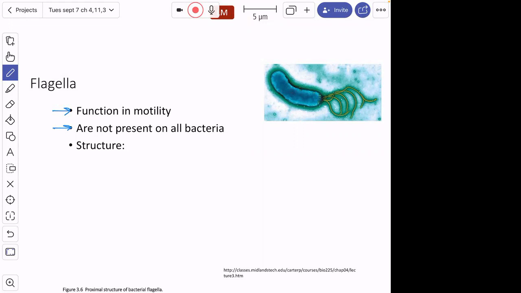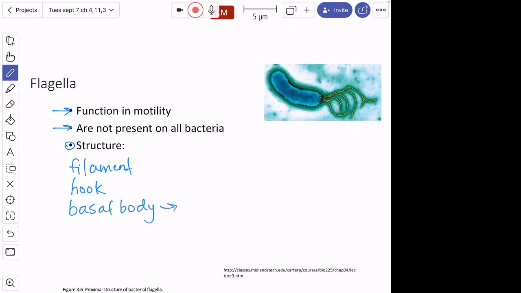So the structure of the flagella, and I'll note that the prokaryotic flagella, the bacterial flagella, is way different than the eukaryotic one. So we'll keep this in mind, and we'll compare them when we talk about the eukaryotic one. But they're composed of a filament, a hook, and a basal body.